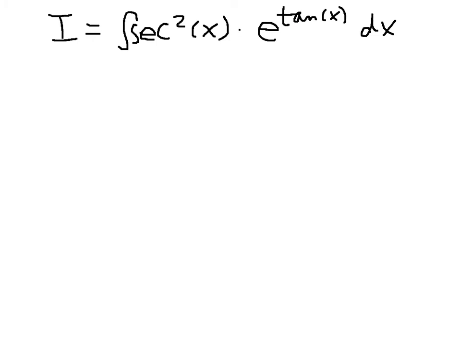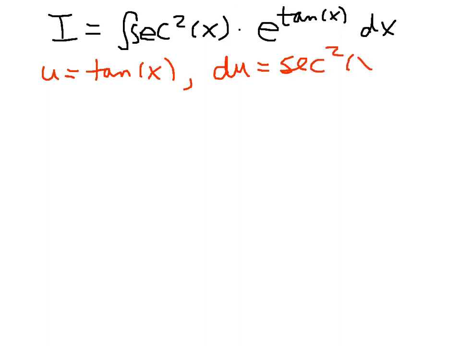Okay, so once again, this is the more complicated expression, and we'll let u be the smaller part of that. So it kind of looks like this. u is equal to tan of x. So that means du is sec squared of x dx. See it?